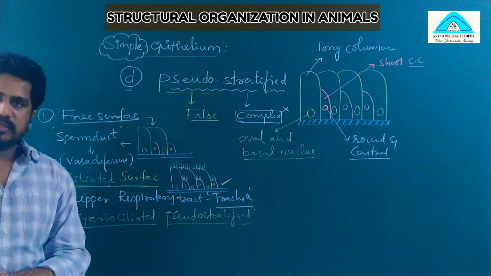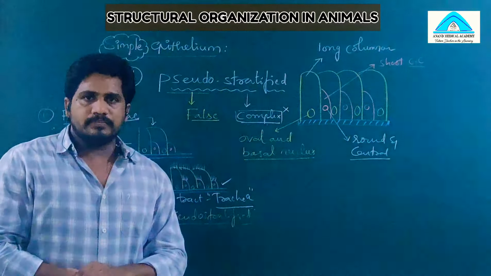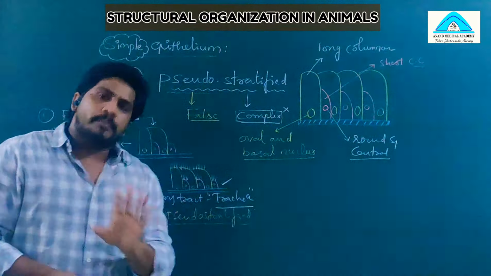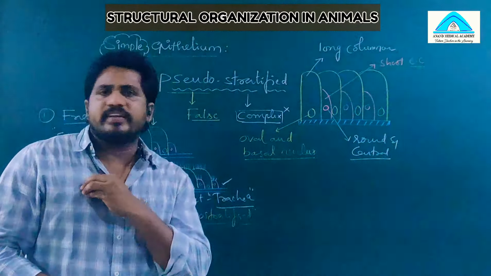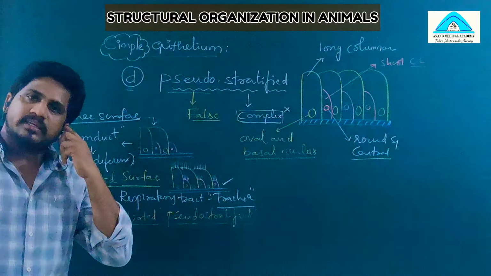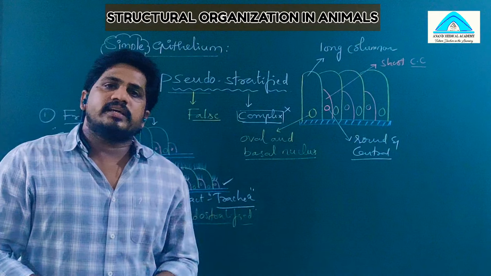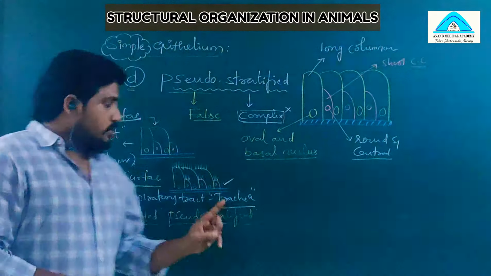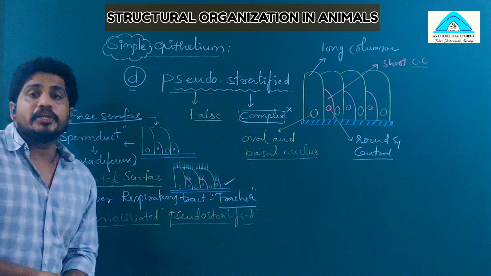You may not find this type of epithelium in squamous or cuboidal or columnar. The simple squamous epithelium has a free surface, nothing but it does not have any appendages. Whereas in the cuboidal, microvilli are there, cilia are there. Otherwise in columnar also, microvilli are there, cilia are there. But pseudostratified alone has stereocilia.